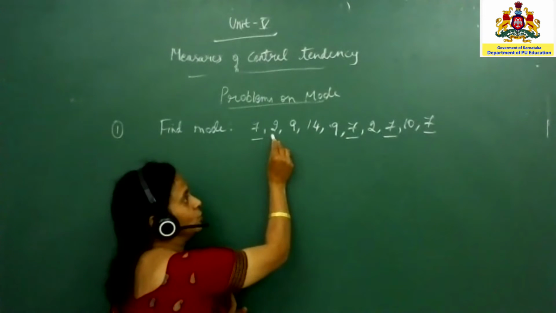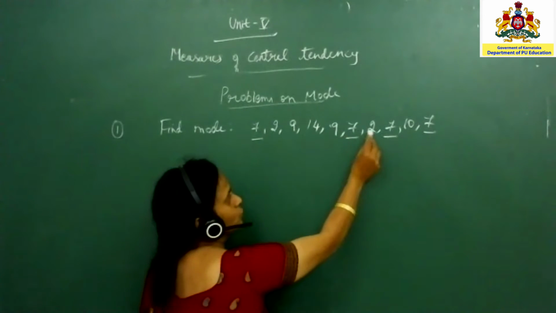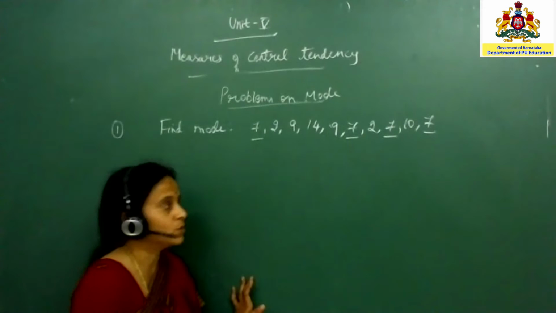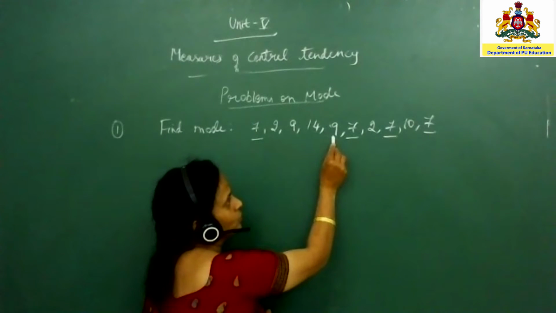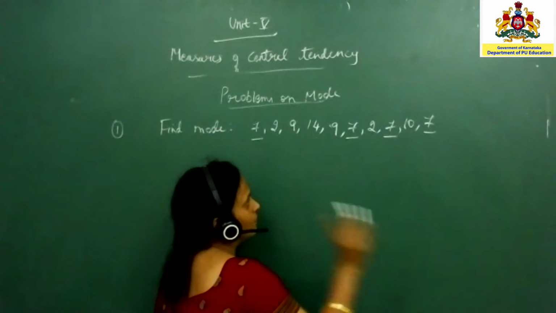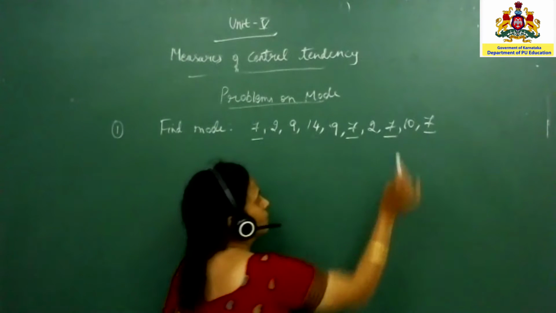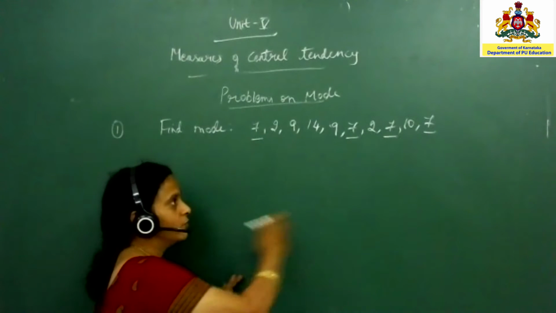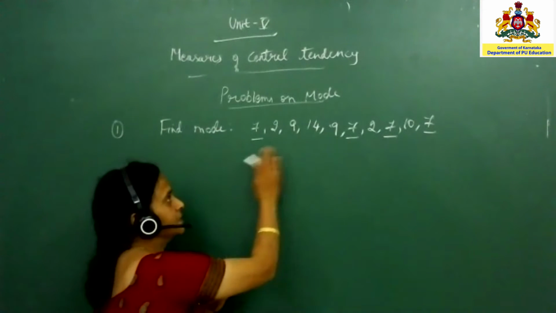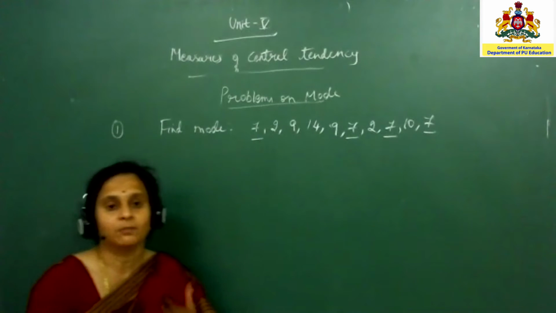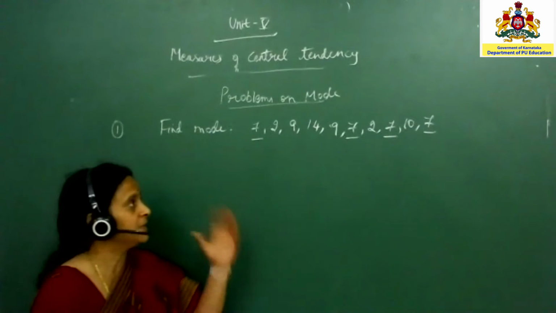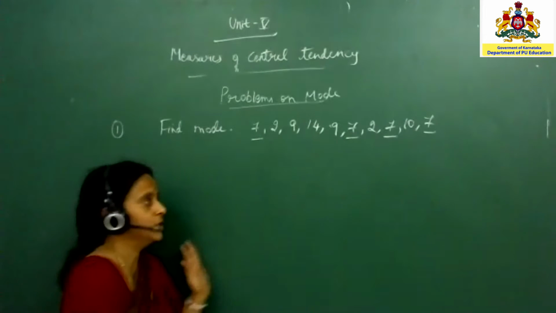And 2 is repeated 2 times. 9 is repeated 2 times, 14 is repeated only 1 time, and 10 is repeated only 1 time. So out of all these values, 7 is repeated 4 times, the maximum number of times compared to the remaining values.